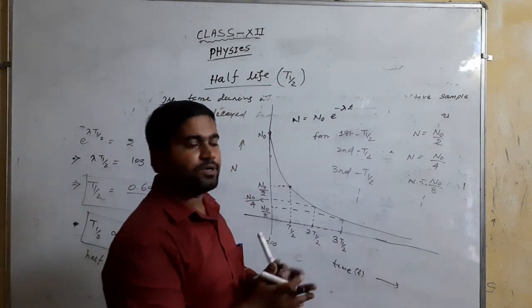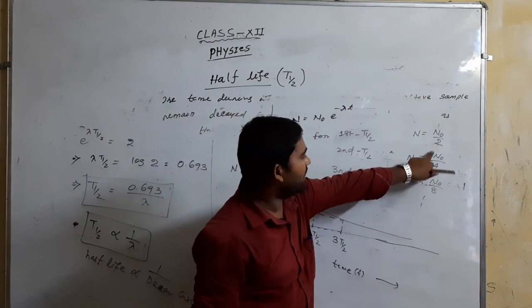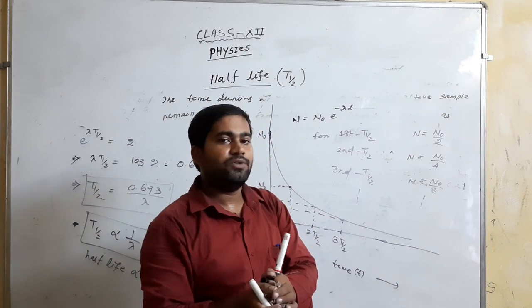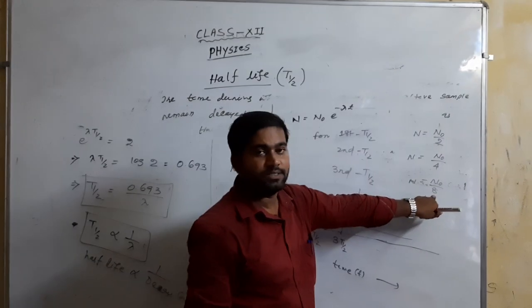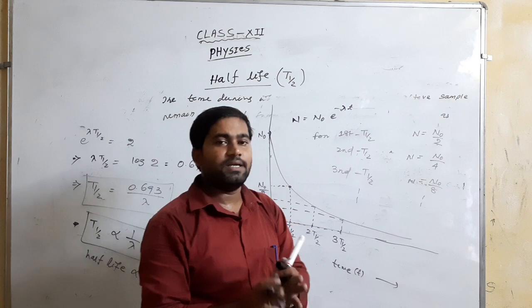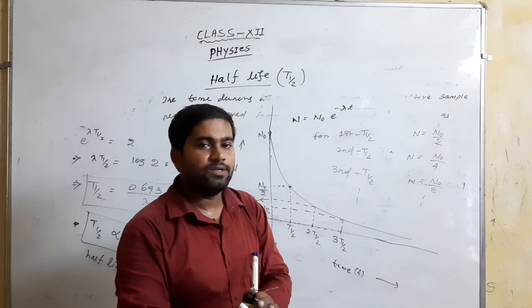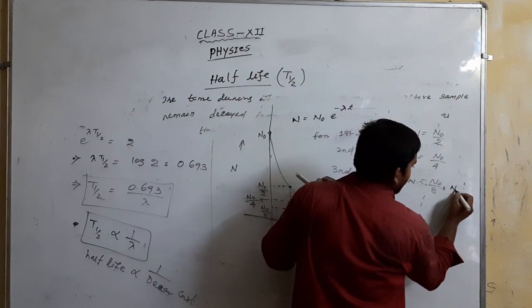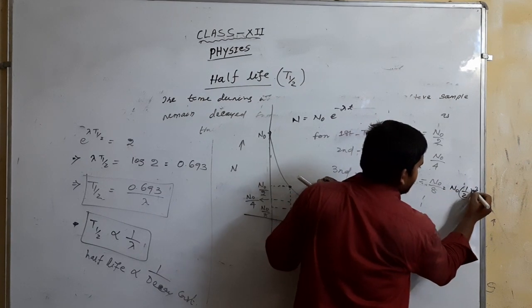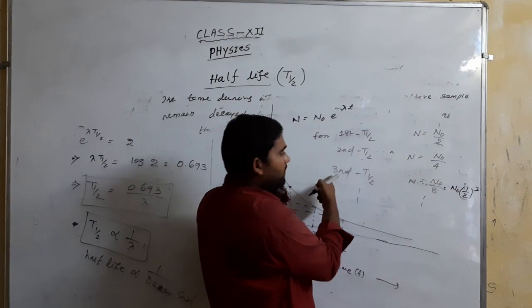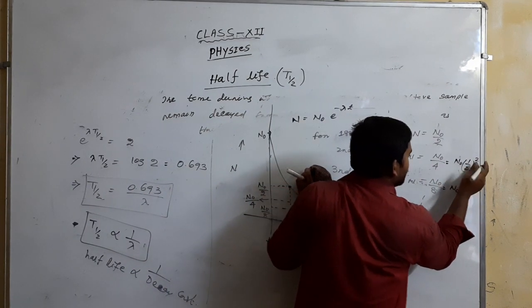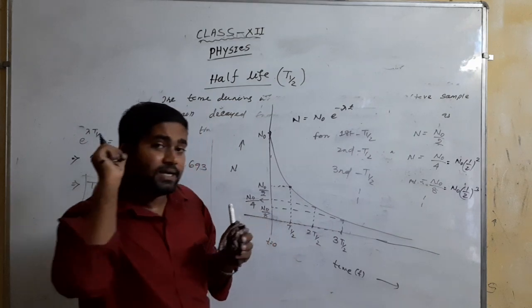If we observe the variation, N0 by 4 is 1 by 2 power 2, and N0 by 8 is 1 by 2 power 3. So we can write N0 into 1 by 2 power 3, where 3 means the third half life period, and N0 into 1 by 2 power 2, where 2 means the second half life period.